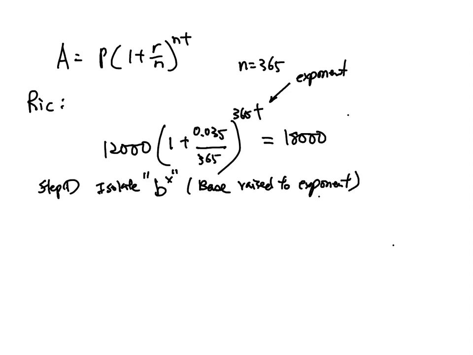In this case, we need to isolate this. This needs to be isolated. So from here, that means I need to divide both sides by 12,000.